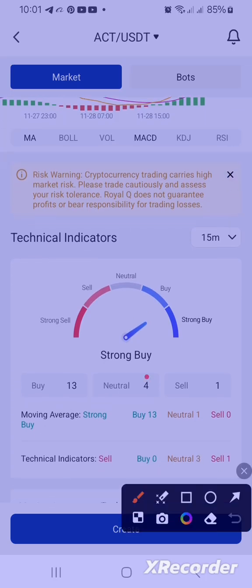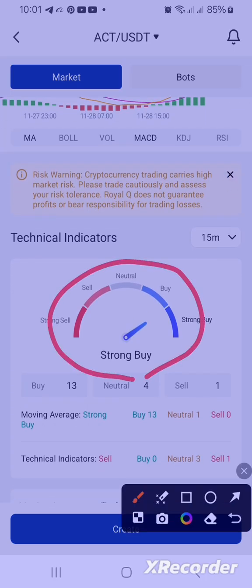like this one, which is called the oscillation clock. When it is pointing in the red, it is overbought, and in blue it is oversold.